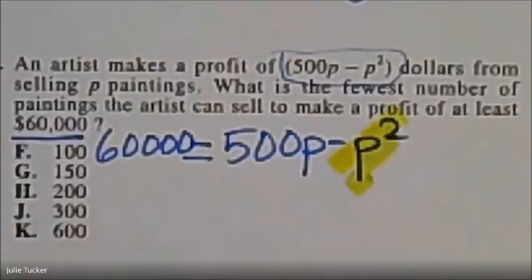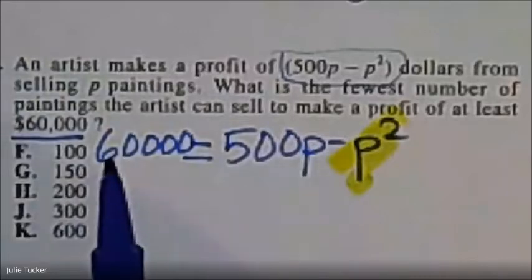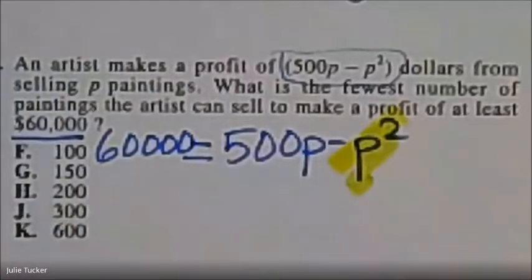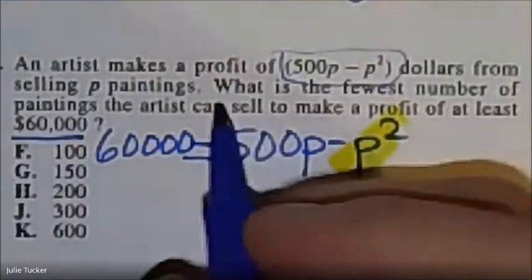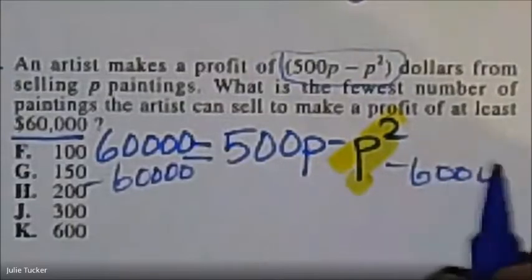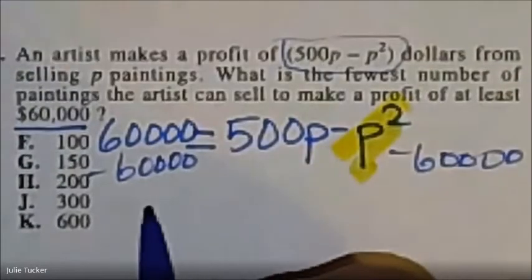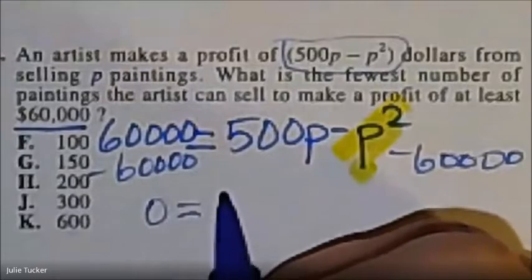Good job, Connor. So I don't want to bring the 500 over here. What do I want to do? I want this guy to go over there, don't I? So I'm going to minus the 60,000 on both sides. So then I have 0 equals.